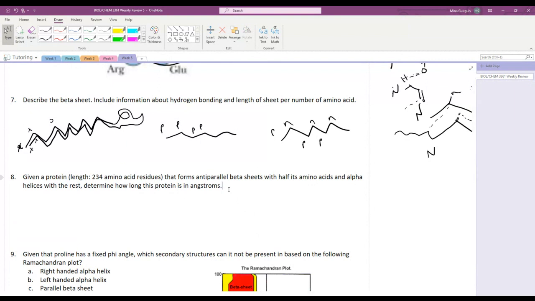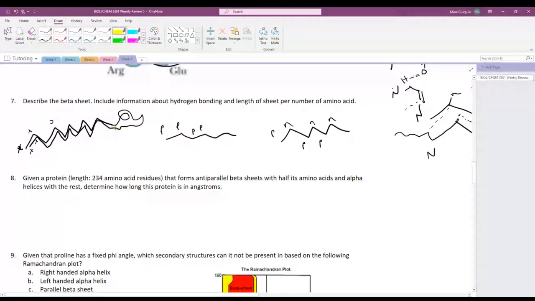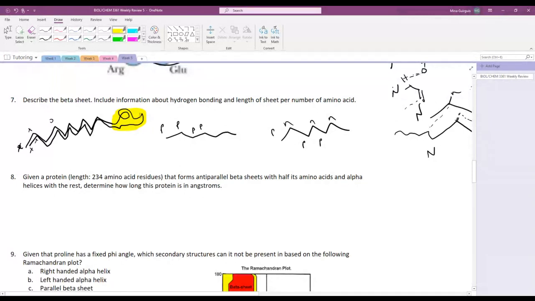So before I do this math, I want to start off by saying this is not a very great example. And the reason for that is when you have beta sheets, and I'm just going to use what I have in number 7, you have these kinds of regions. These in between secondary structures, you need to have these little regions for them to move around, to get ready to form a structure later on.